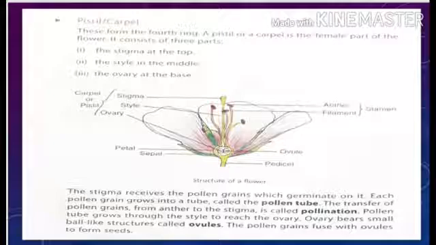Every female is with style, so this female part is also with its style. This is all about the text on the structure of flower given in our book. Now I'm going to take you to those slides which I have prepared specially to describe this important part of the plant.